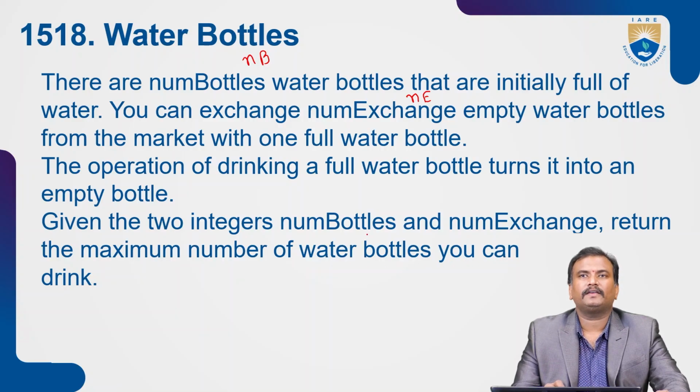So if we take some number of bottles and after drinking them, with the number exchange we exchange into full water bottles and then again drink, and again exchange. Like that we are going to find out the maximum number of water bottles which you can drink.